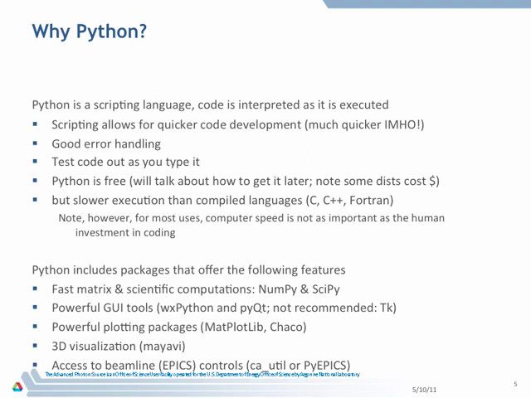Python actually comes with a graphical user interface built in called Tk, which I don't recommend. There's some really nice, powerful plotting packages. You can do 3D visualization, and it offers you access to EPICS controls via two different packages.